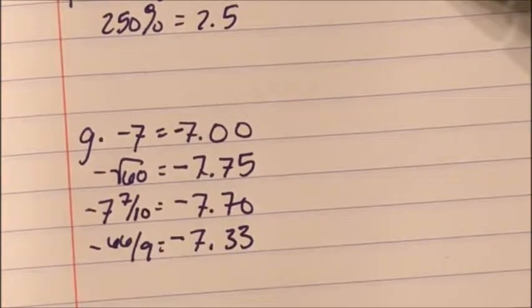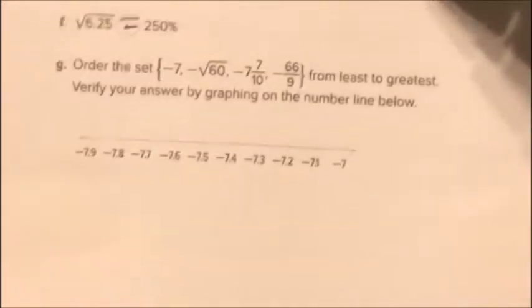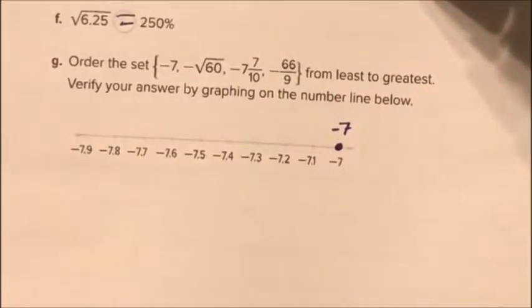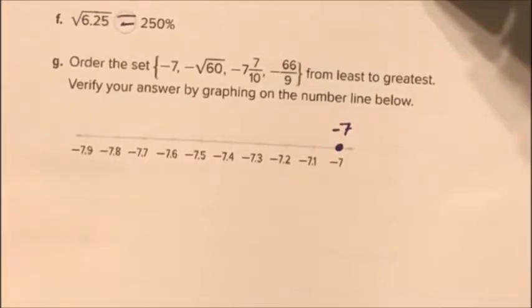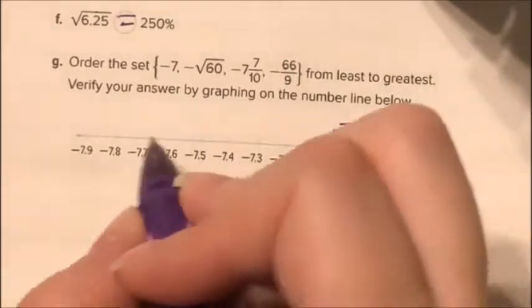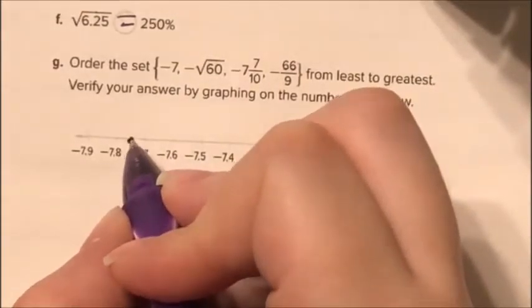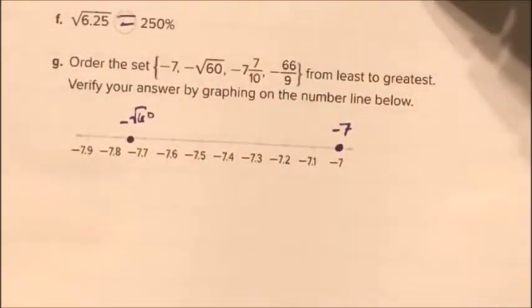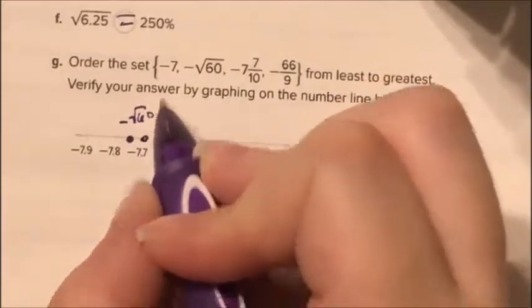Okay, so the first thing that I want to do is I can actually graph these on a number line. So the first one I have is negative 7. Right? Negative 7 is here. Negative square root of 60, we said was negative 7.75. So that's right about here. Okay. Then I have negative 7 and 7/10, which is right here.